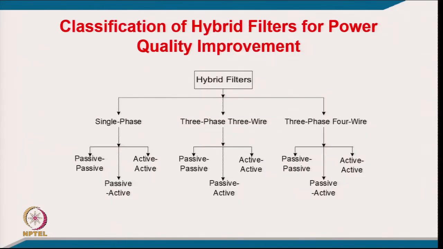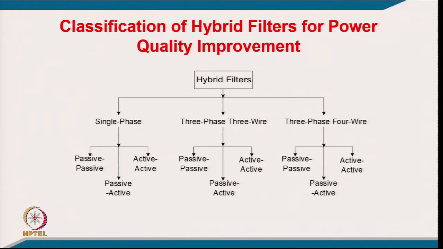Now, coming to the classification of hybrid filters for power quality improvement, for single phase we can have a hybrid of passive filters, a hybrid of passive active filters, or a hybrid of active filters. Similarly, for the 3-phase 3-wire, we can again have a hybrid of passive filters, a hybrid of passive active filters, and a hybrid of active filters.